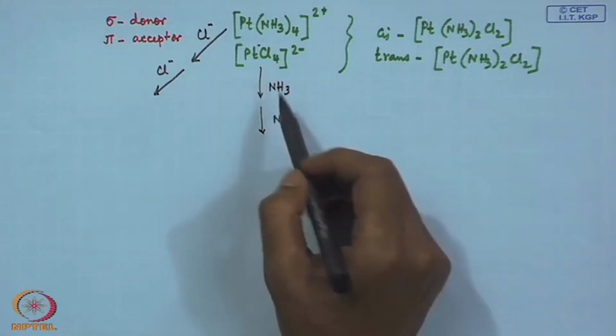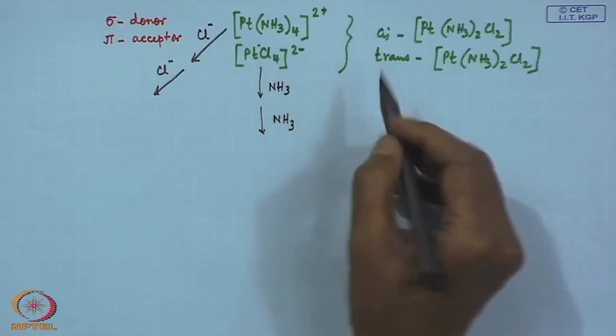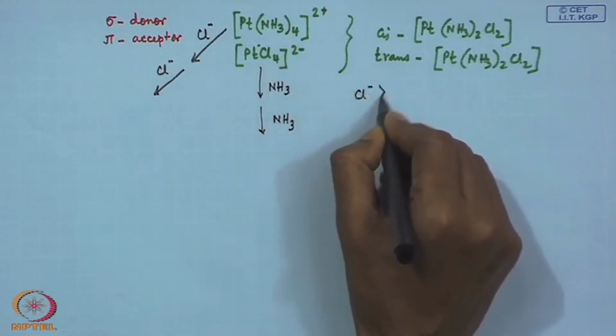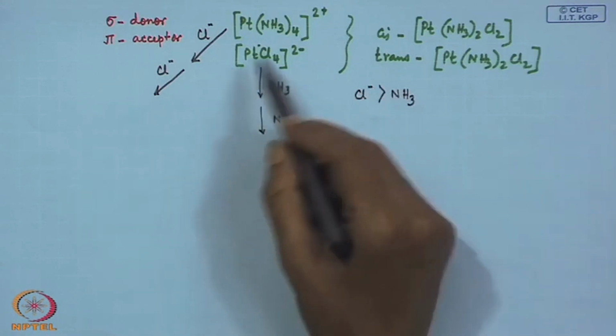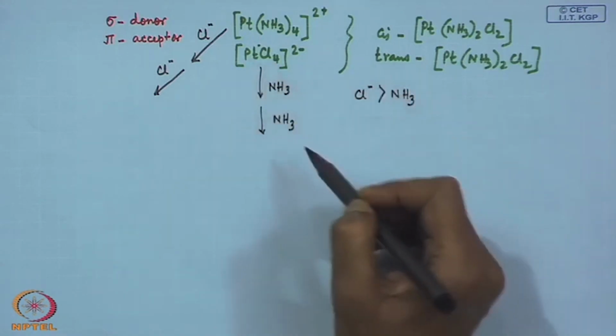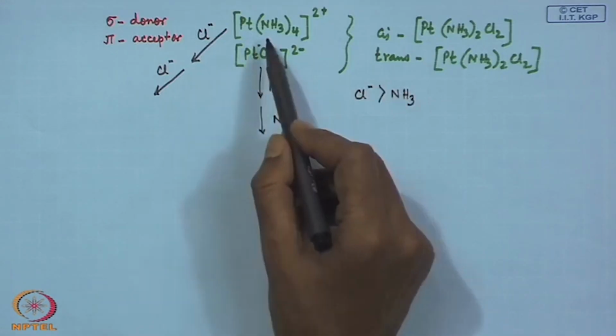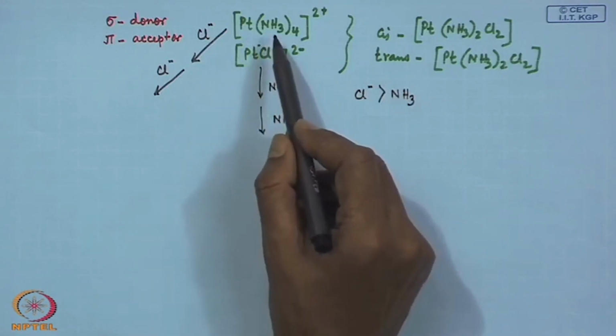So, these two will tell us how the trans effect for Cl⁻ is greater than ammonia, and how this particular orientation can change the lability of the group which is trans.